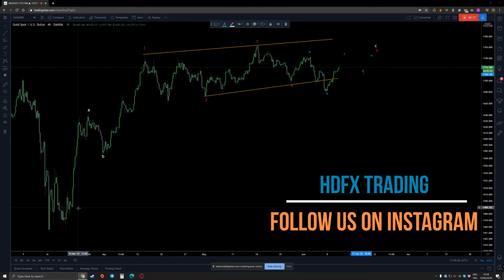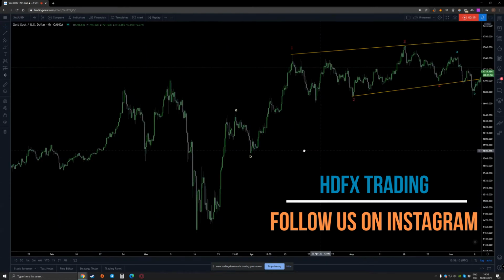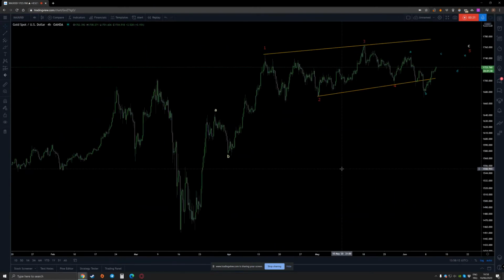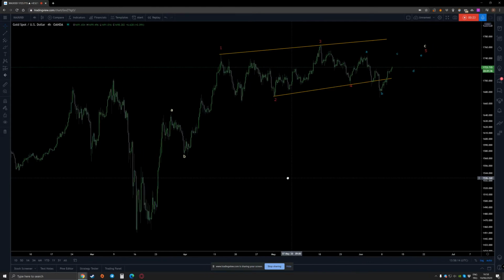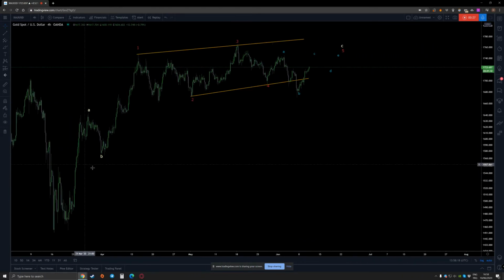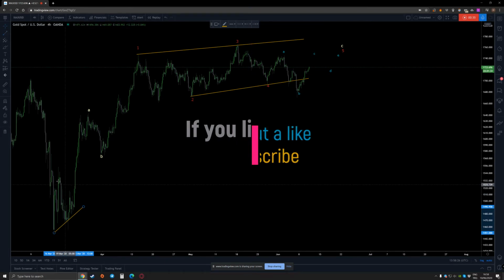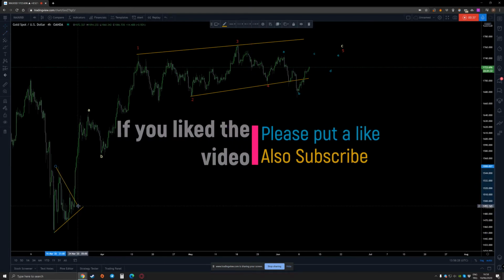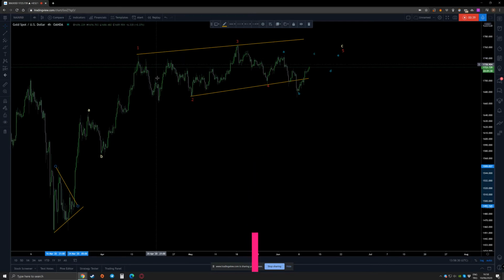Now, from my previous counts, of course, because I did them from a longer time perspective, they may be a little bit more accurate. But this pattern here looks like some type of triangle, like we talked about before, is happening here, and this broke higher.